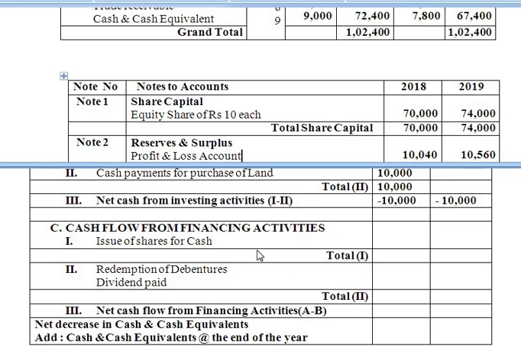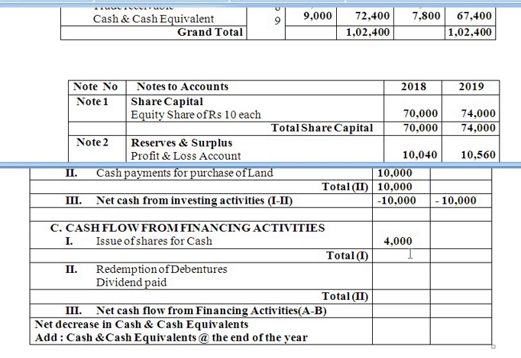How much increase? 4,000. So cash from issue of share capital, how much? 4,000. New share capital, how much? 4,000. So this is the receipt of cash through the share capital.